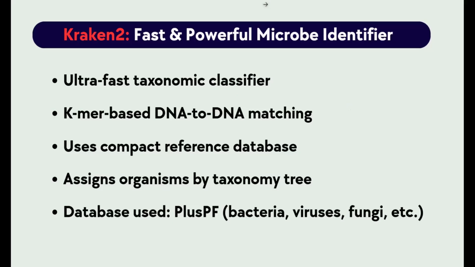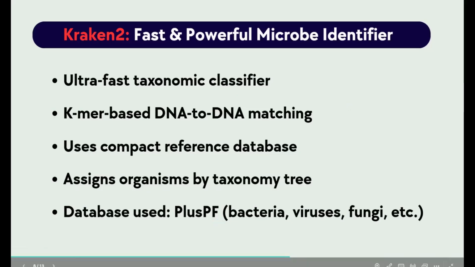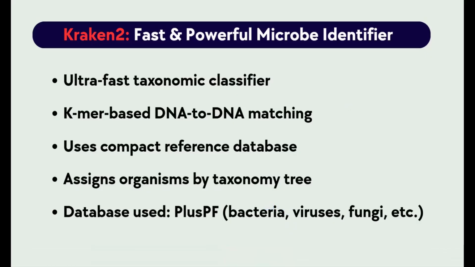The last thing in the key features of Kraken 2 is the database that we use. It's named plus PF. This database is a pre-built Kraken 2 database. It includes bacteria, viruses, fungi, protozoa, plasmids, human, and everything you can imagine.